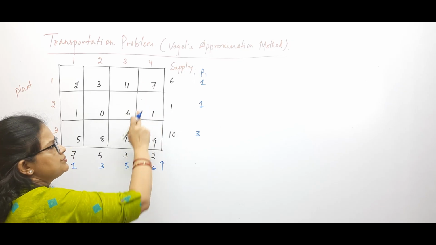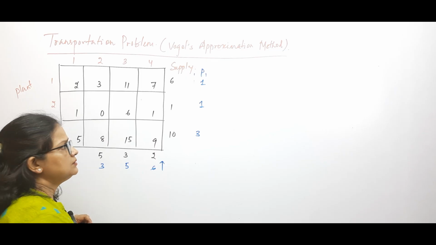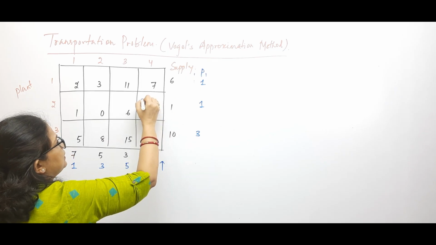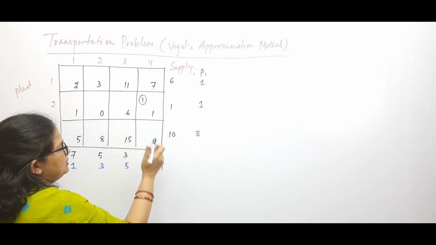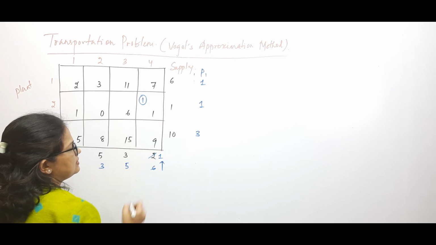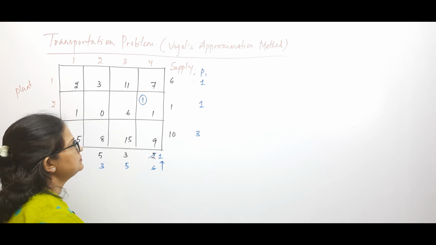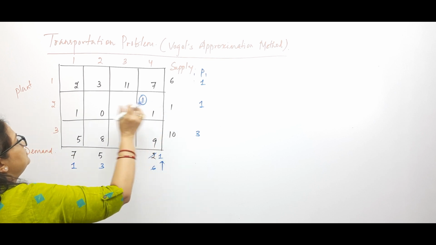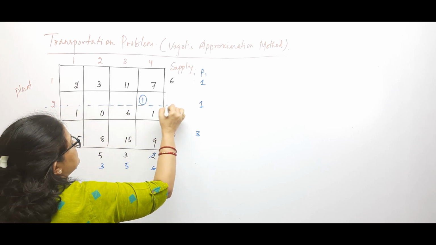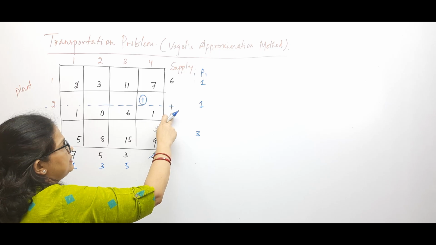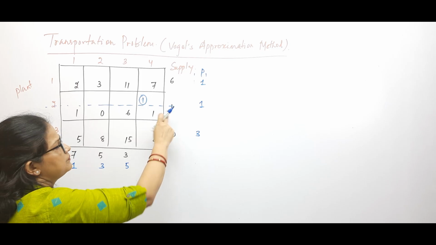So the first allocation will be done here, only 1. If we allocate this one, then 1 is there here, and this column is cancelled because the supply is already fulfilled.